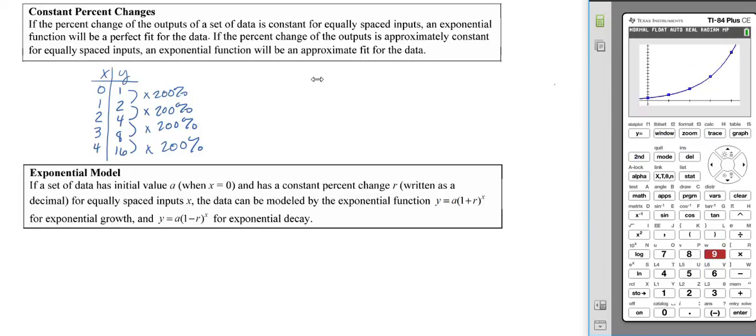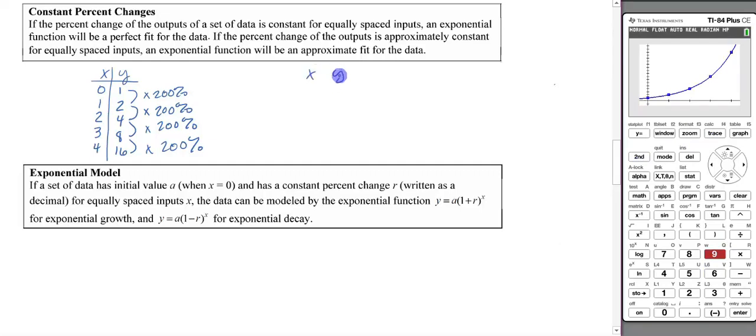Now let's say that we had something very close, the same inputs, and they're equally spaced, but the outputs are maybe just a little bit off. Okay, so the percent change is not going to be the same from one to the next.